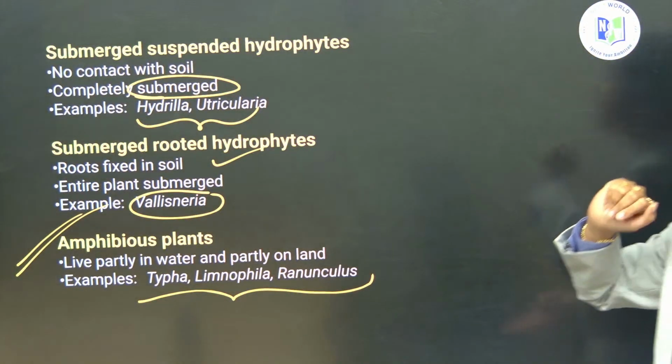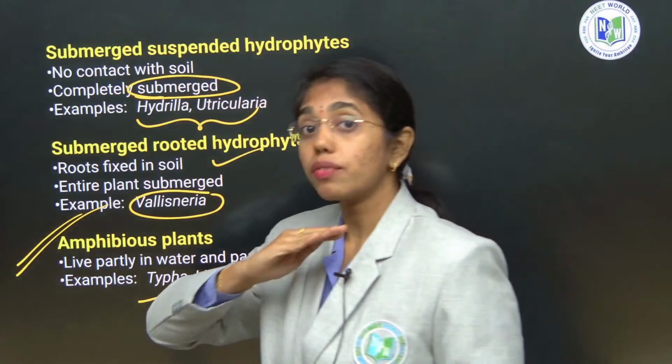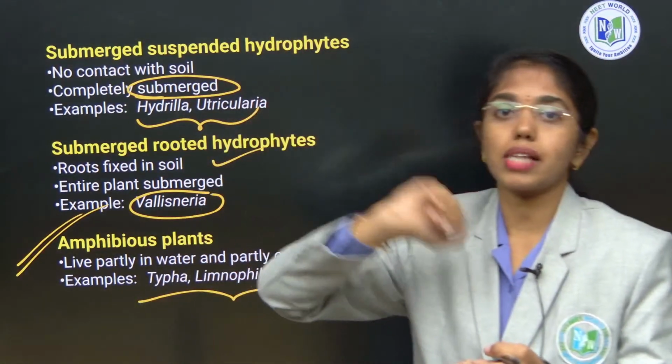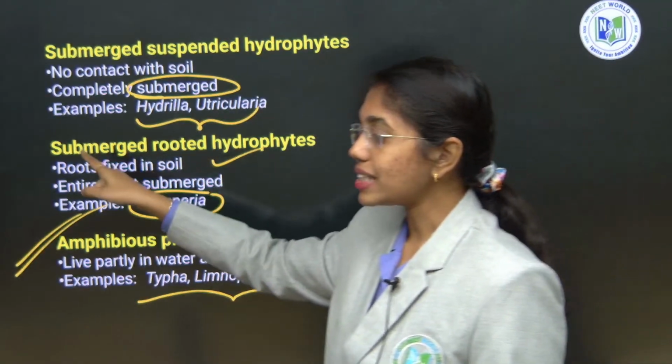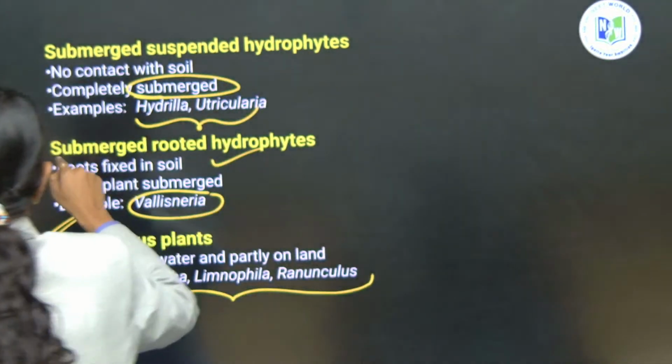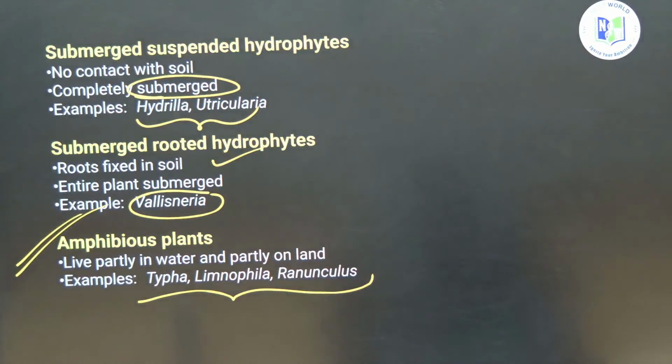Submerged suspended: they do not have any contact with the soil and they are not over the surface of water either, they are submerged and suspended in the water body. Submerged rooted hydrophytes: roots are completely fixed in the soil, the entire plant is submerged. An example you can take is Vallisneria. Amphibious plants live partly in water and partly on land. Examples are Typha, Limnophila and Ranunculus. Like that you have to remember.